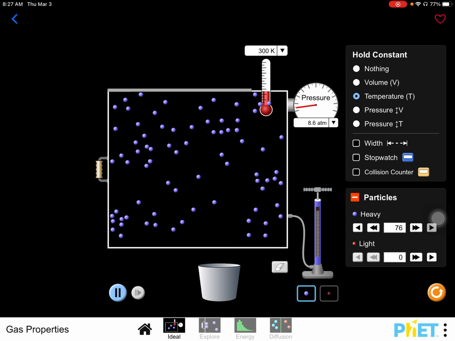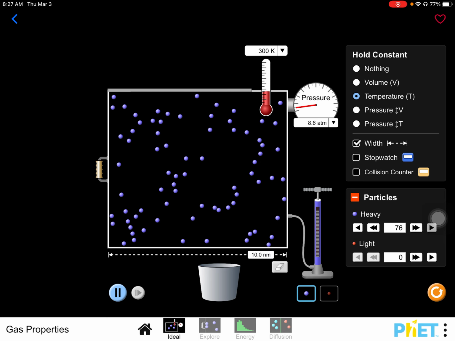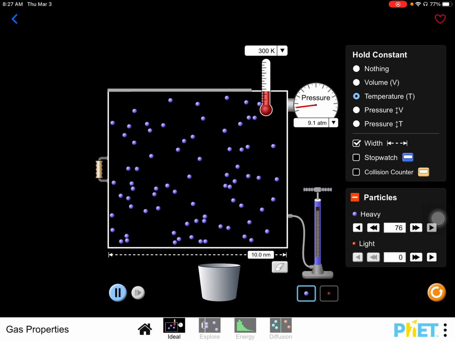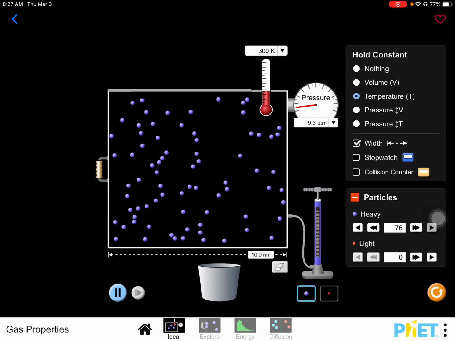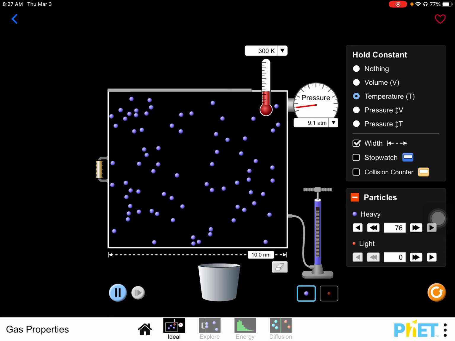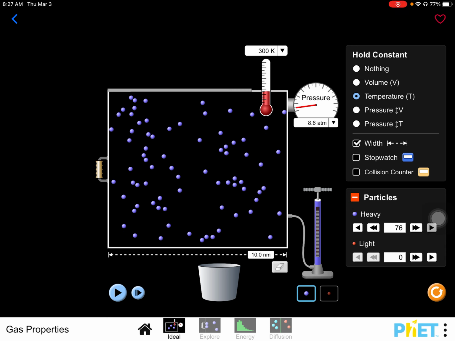And we have here our container, which is 10.0 nanometers wide, with our particles inside it. The pressure becomes 8.6 atm.